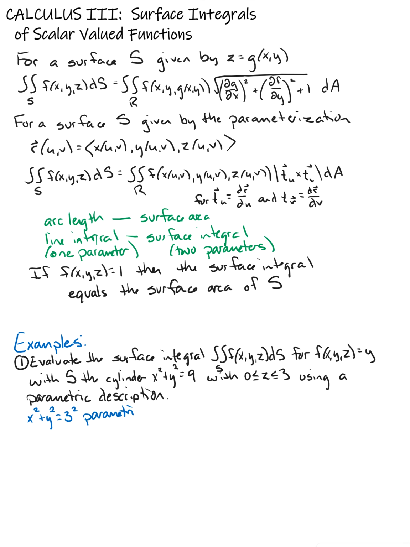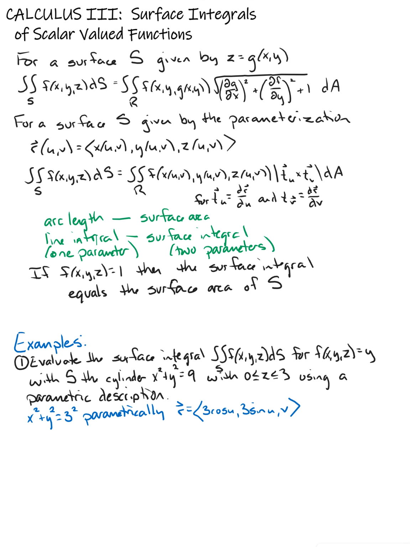So parametrically, this could be written as r is equal to 3 cosine u, 3 sine u, and then our last component is just v.